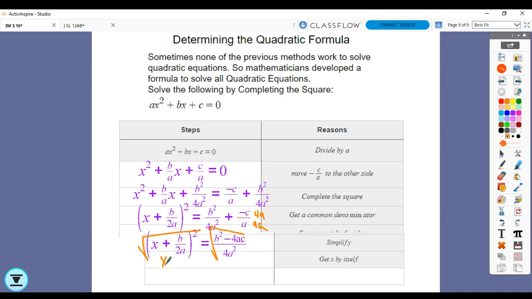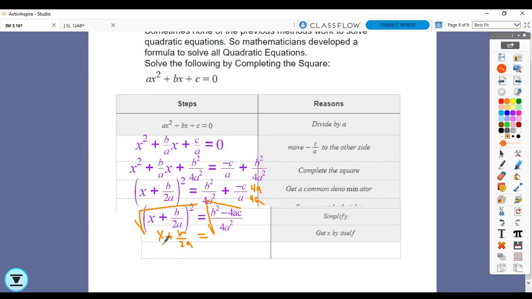So I just have x plus b over 2a equals plus or minus, because we took the square root, and I'm just going to put the square root over the numerator, b squared minus 4ac, all over the square root of 4a squared, which is 2a. And to get x by itself, I just move the b over.